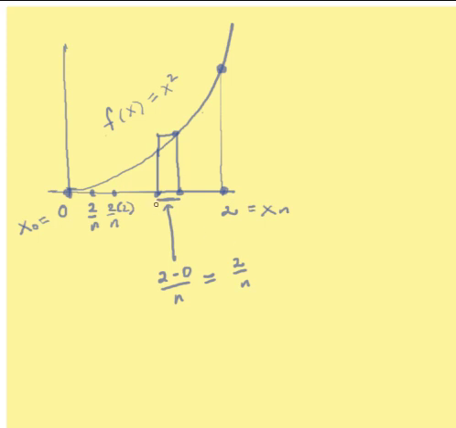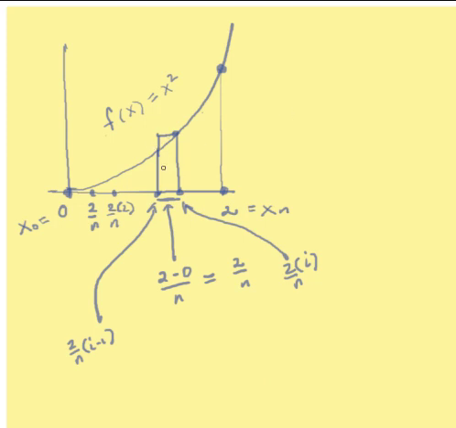And we keep on going like this. So for the ith interval, the left endpoint is 2 over n times i minus 1, and on the right, the endpoint is 2 over n times i.